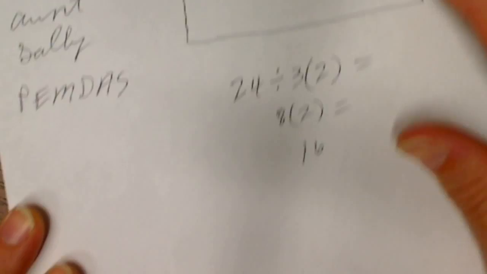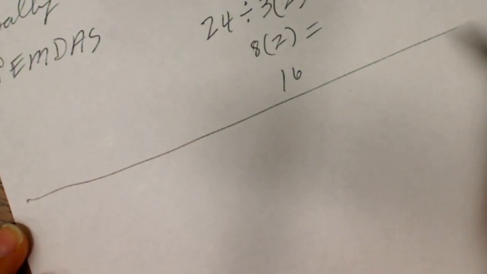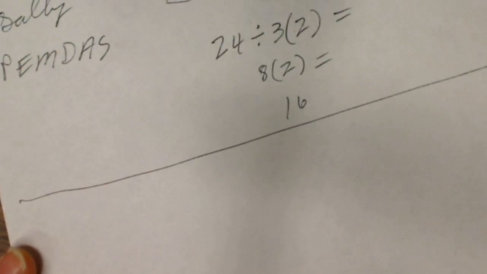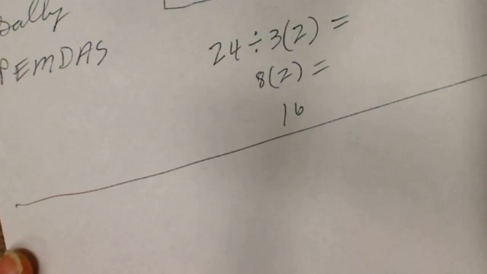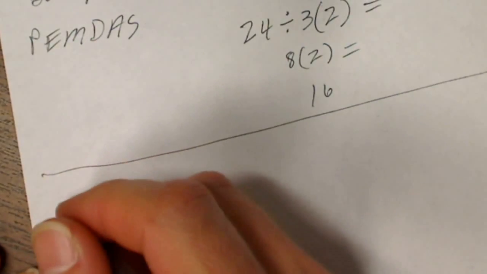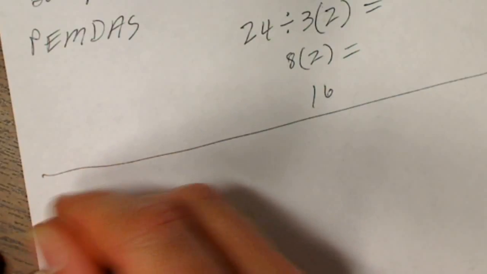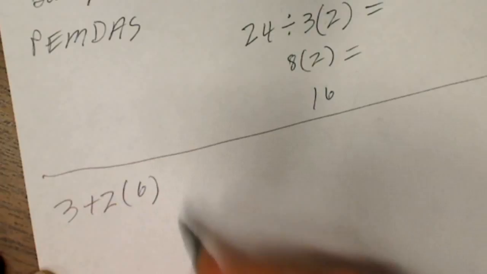Now let's look at several examples. Most of the time when students miss an order of operations problem, it's not because they didn't know the order of operations, but it's because they didn't pay attention. So here are 4 very typical problems on the arithmetic test. 3 plus 2, open parentheses, 6, close parentheses.